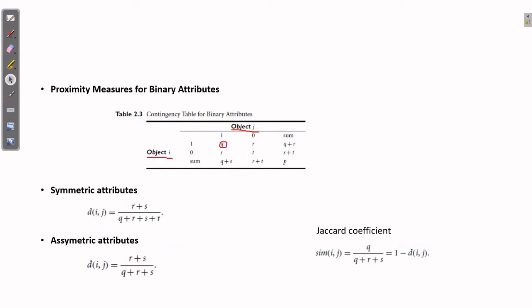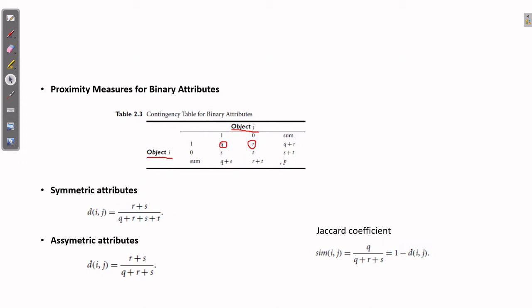That is represented by Q. If object I has a value of 1 and object J has a value of 0, how many such attributes are there? That is R. Similarly, you count the number of attributes for which object I has 0 and object J has 1, that is S. And object I has 0 and J has 0, that is taken as T.